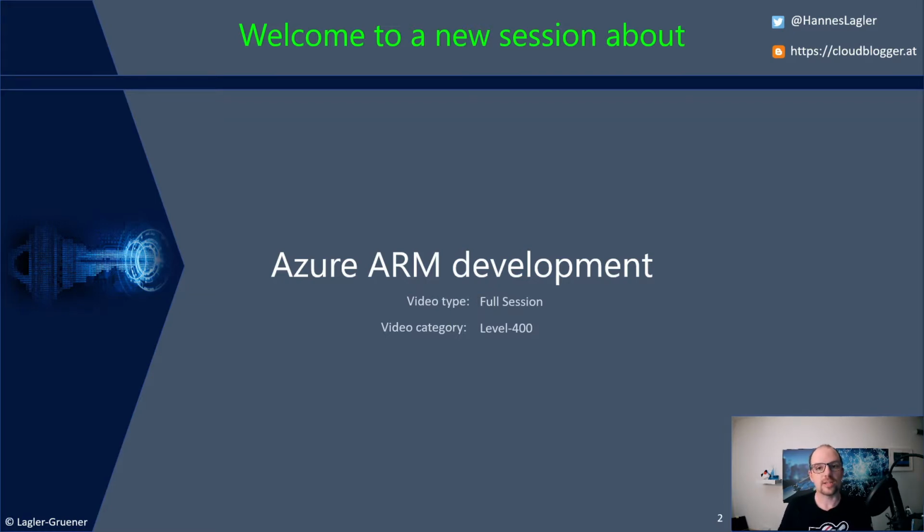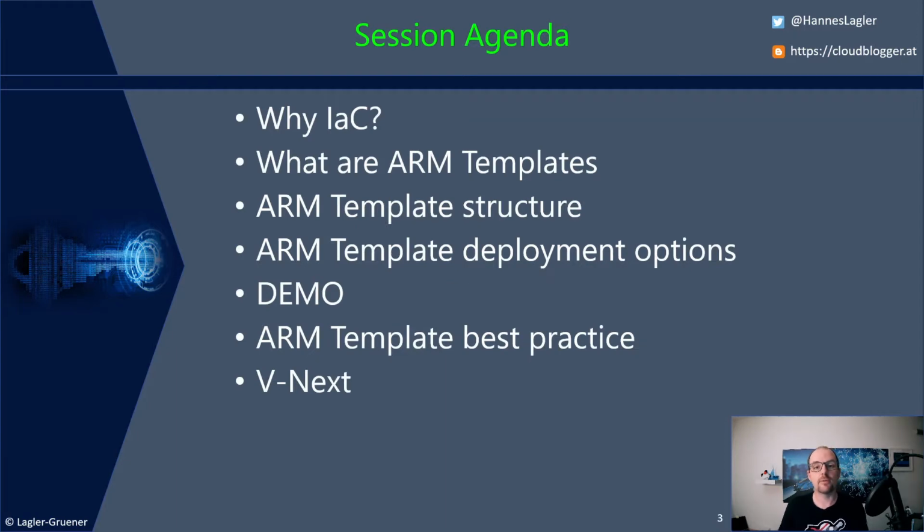Okay, let's go to the agenda from the day. First of all, we will discuss why infrastructure as code. Why is it important to have a goal in your cloud journey, which is infrastructure as code. Then we go one step further and talk about the ARM template structure and also what ARM templates are.